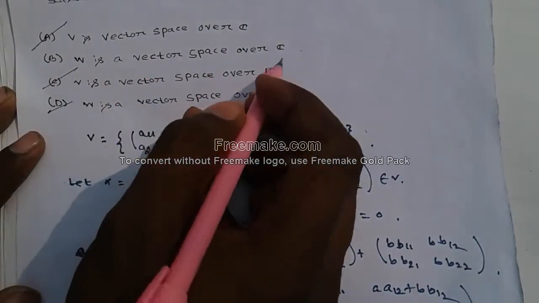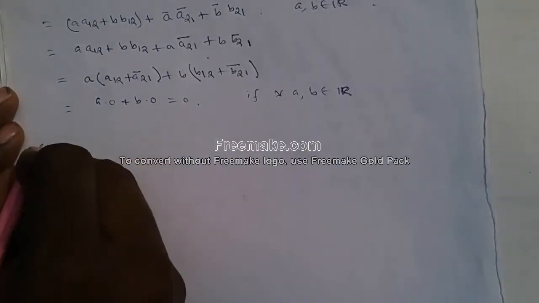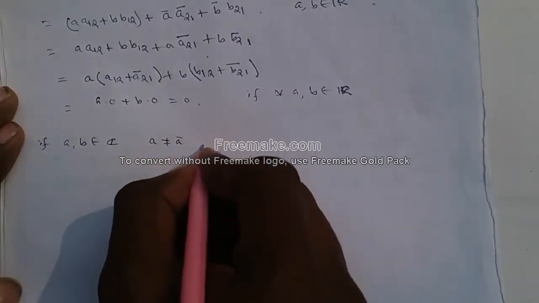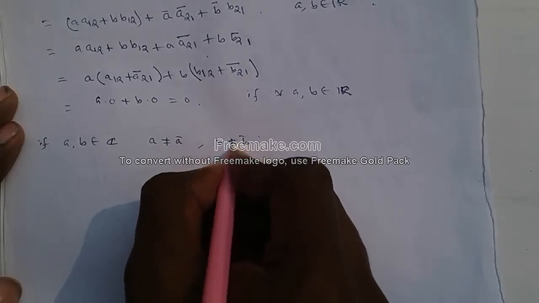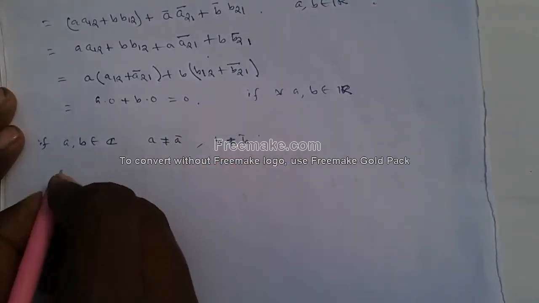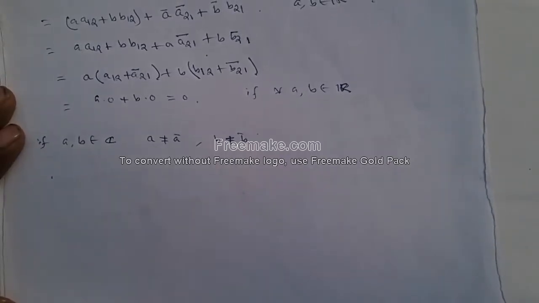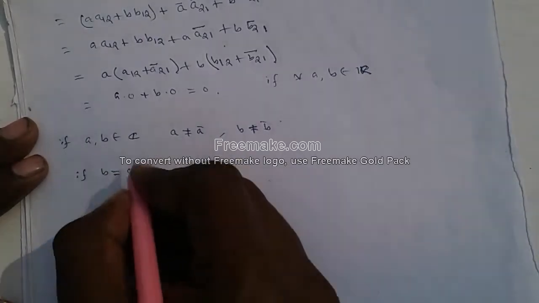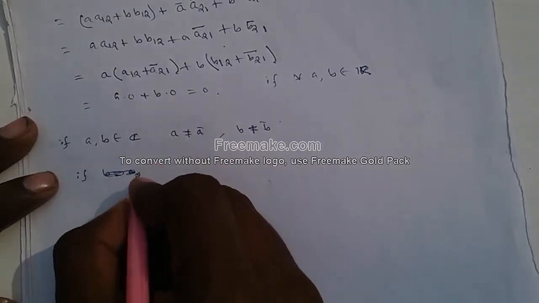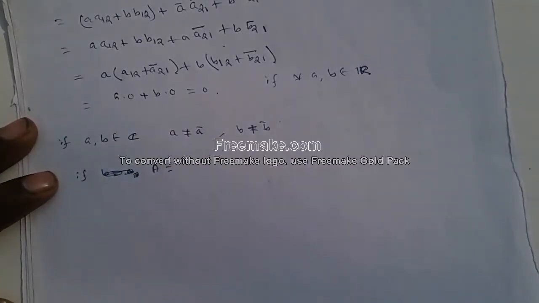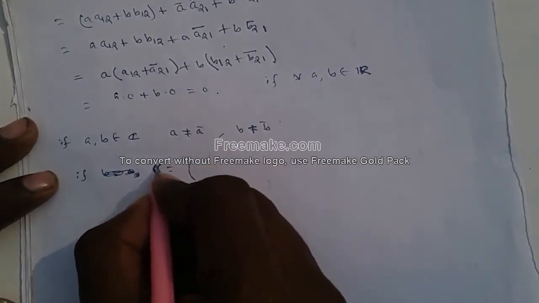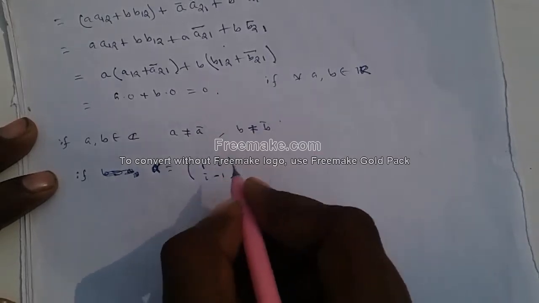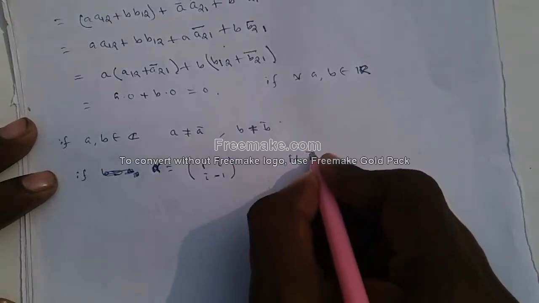Now we check whether W is a vector space over C. If a and b belong to the complex field, then a is not equal to a-bar and b is not equal to b-bar. So here we take a counterexample. Take b equal to 0, and take a matrix alpha equal to 1, i, minus i, then you see that i plus i-bar equals 0.